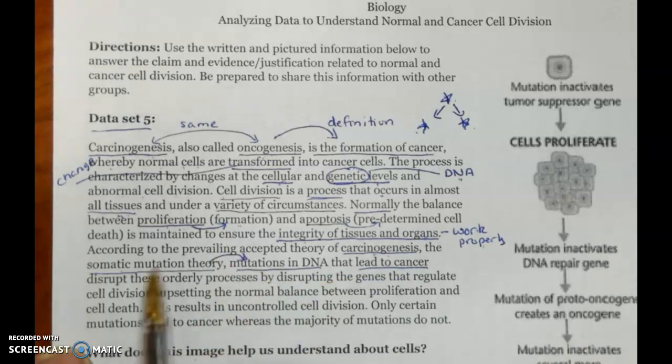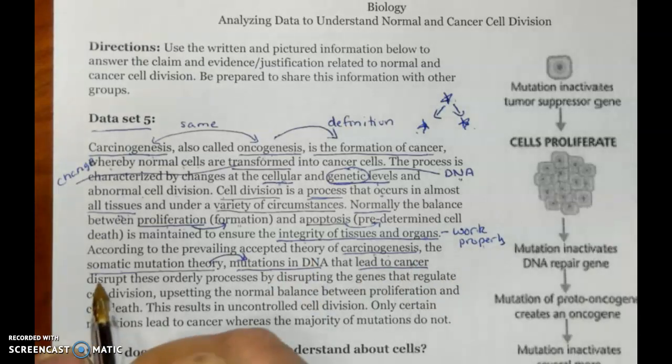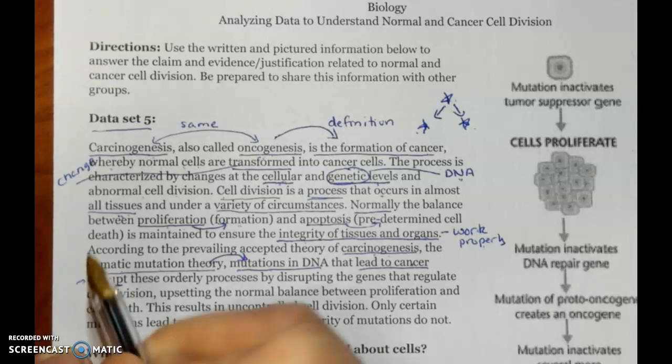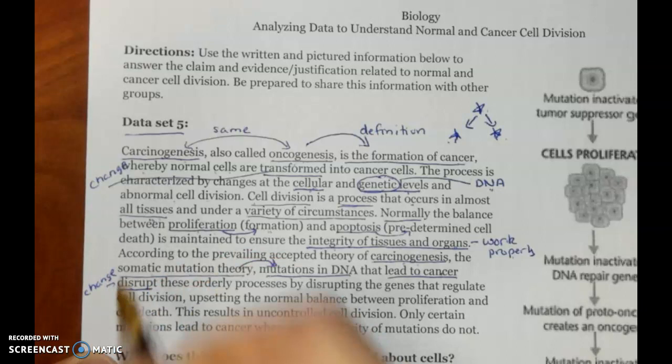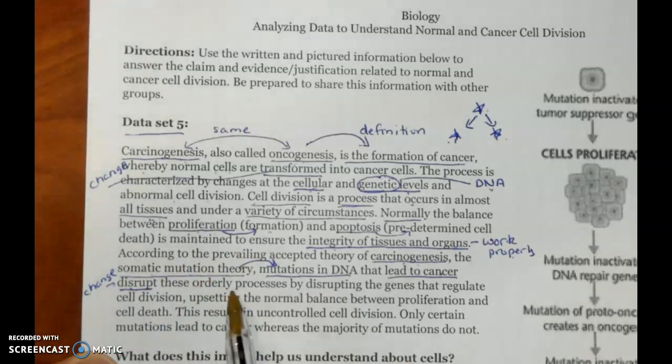That is the definition of the somatic mutation theory. It's when changes in DNA lead to cancer. They disrupt or change, another word for change, the normal processes by disrupting the genes that control cell division.